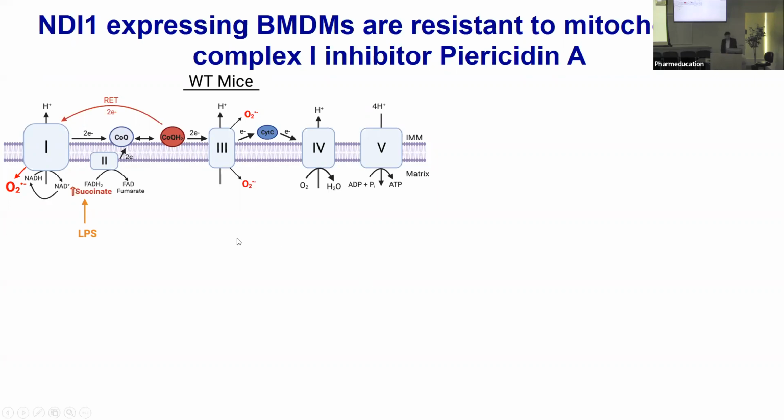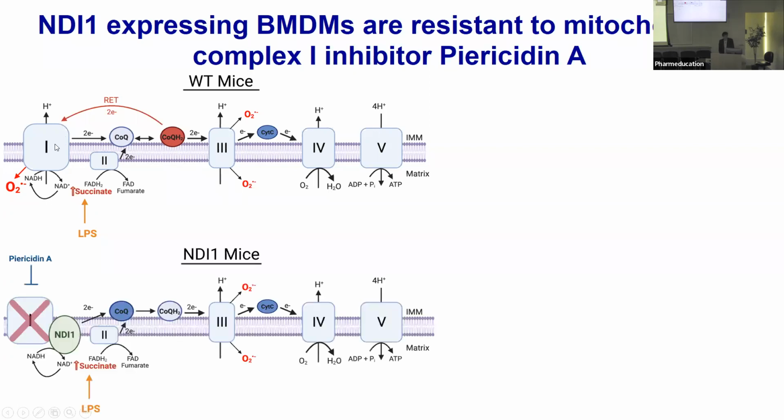Here's a wild type mouse, and it's known that when you give LPS, succinate increases. One model that Luke O'Neill and others have suggested is that when you have this high level of succinate, a lot of ubiquinol is generated, and that can go back to complex 1 and generate superoxide. If you give complex 1 inhibitors, it can prevent inflammasome activation.